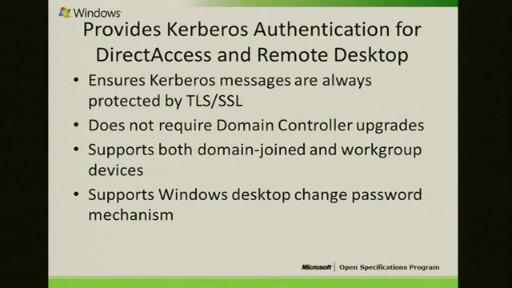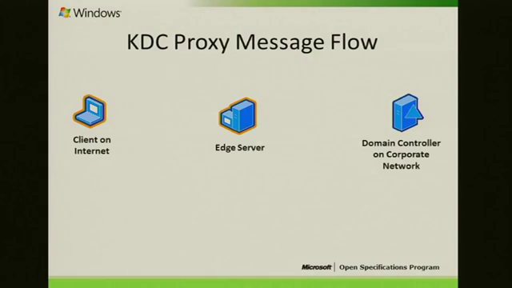Also, we need to support both domain-joined and workgroup devices, which means sometimes there's no device identity. And the other requirement needed for remote desktop is that it needs to support change password, so now we're outside of the GSS API handshake.